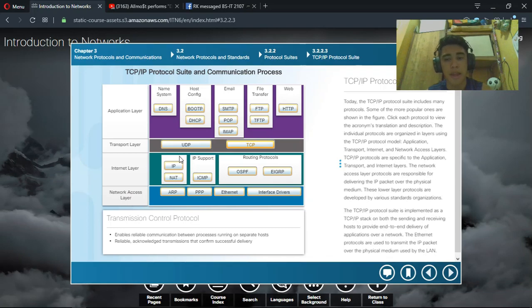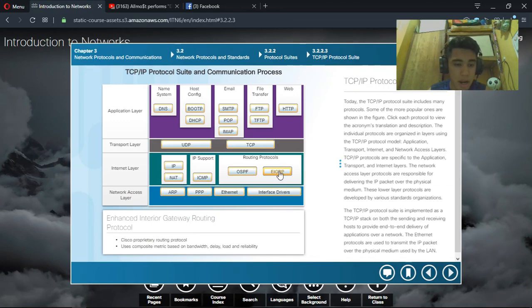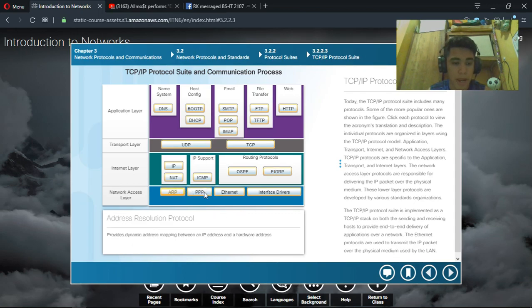Later in another chapter, we will discuss UDP and TCP. Internet layer: IP, Internet Protocol, NAT, Network Address Translation, ICMP, Internet Control Message Protocol, OSPF, Open Shortest Path First, EIGRP, Enhanced Interior Gateway Routing Protocol, ARP, Address Resolution Protocol, PPP, Point-to-Point Protocol, Ethernet, and interface drivers.